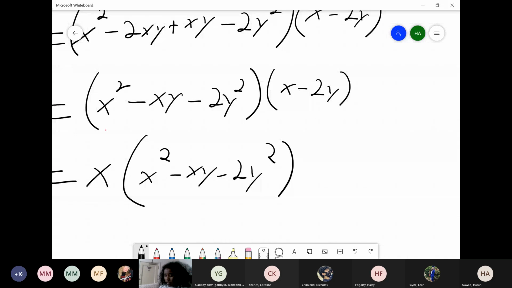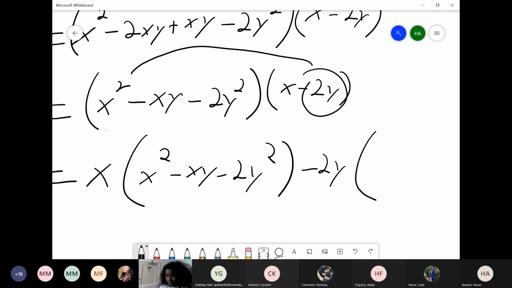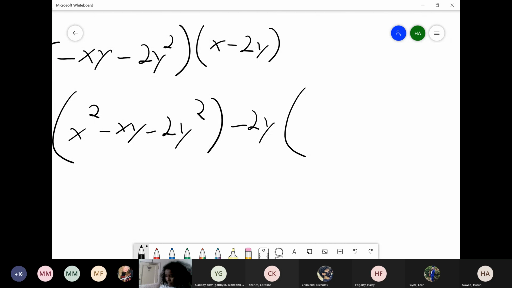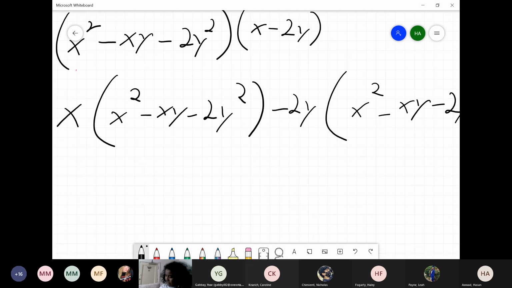And then, again, we have this minus 2y part. So we're going to rewrite this as minus 2y times, and again, I'm going to distribute this to each single piece, right? So that means I'm going to have -2y times the x squared, the minus xy, and the minus 2y squared.